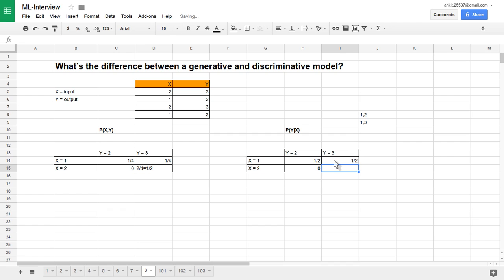And 2 comma 3: x is equal to 2 occurs 2 times in total. Out of that, how many times is y equal to 3? In both cases y is equal to 3, so 2 divided by 2 is equal to 1. That is the conditional distribution of the given data set.